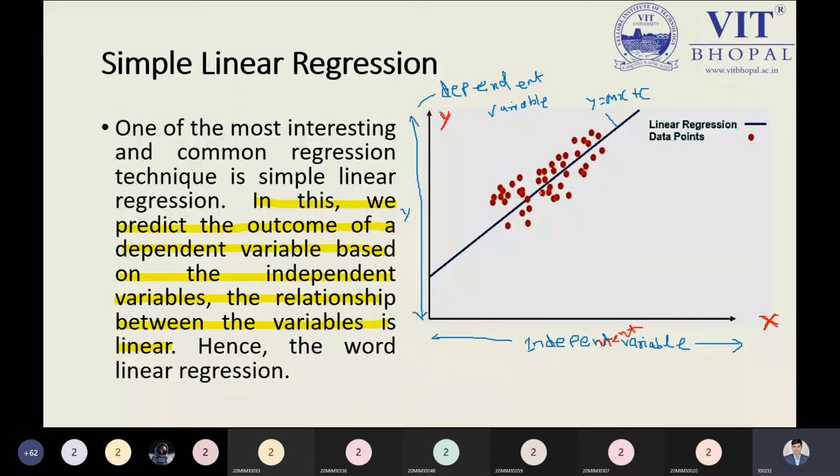All the red dots represent the data points plotted on our graph. By using y equals mx plus c, if I plot a line, this line is known as the linear regression line, also known as the regression line.